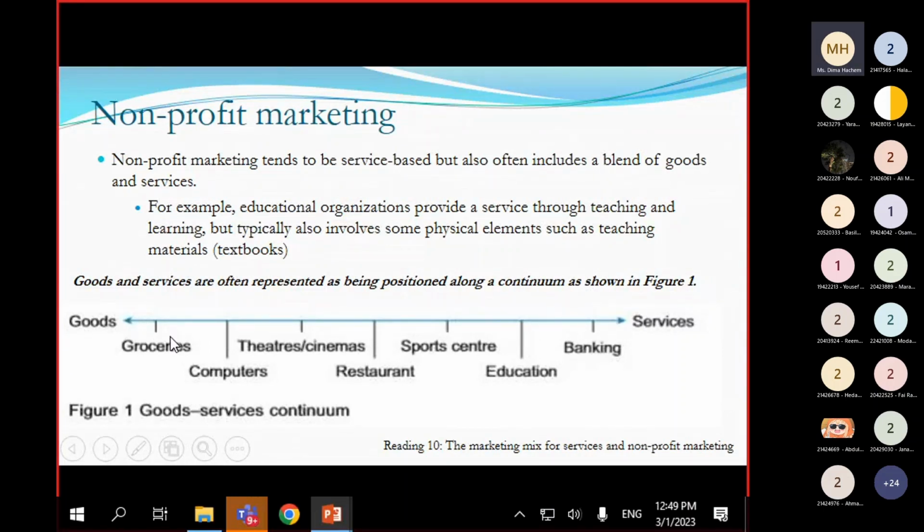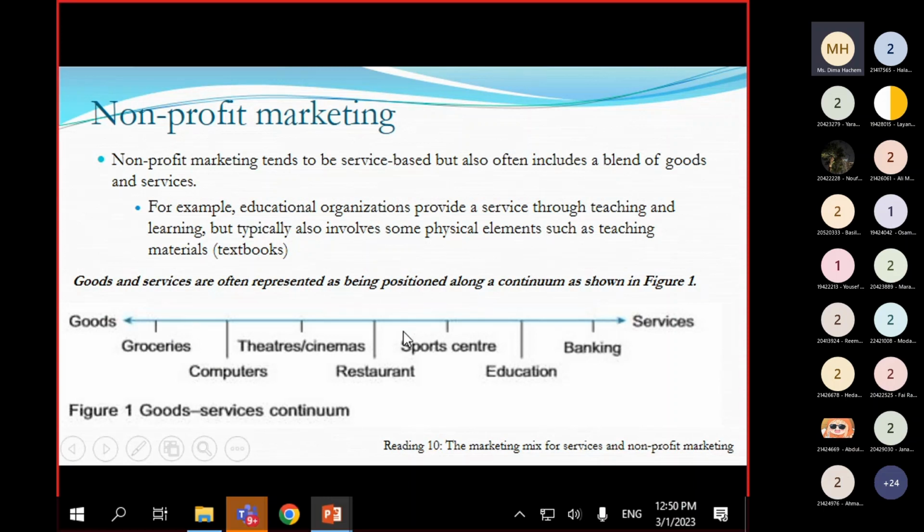Groceries, the supermarket, is a place that is purely physical. You only get tangible items out of it, but also there is a certain service involved in a supermarket where you enter and you see all the shelves, very organized, and you go to the queue, you want to pay for your items. It's not a very long queue, so this is also part of the service that the supermarket offers to the customers.